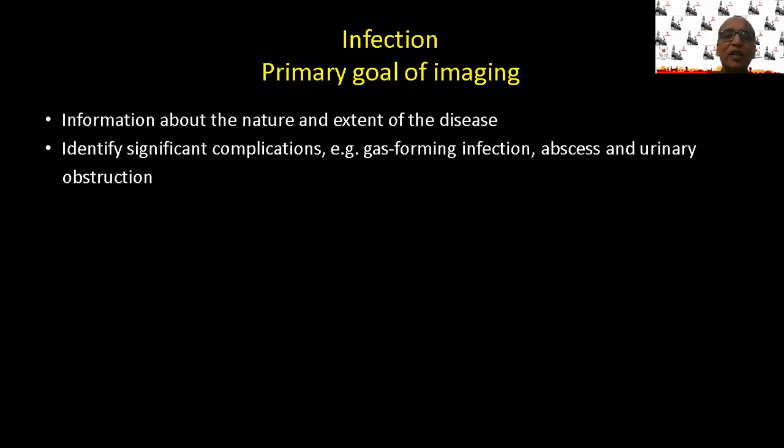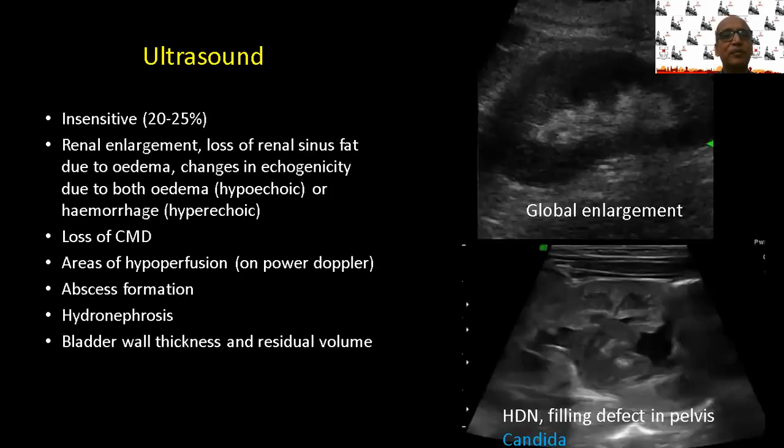You're not going to diagnose infection basically on these imaging modalities, but you're trying to glean information about the nature and the extent of the disease. And more importantly, you identify significant complications of infection, whether there is obstruction, whether there are calculi, whether there's gas forming infection, etc.